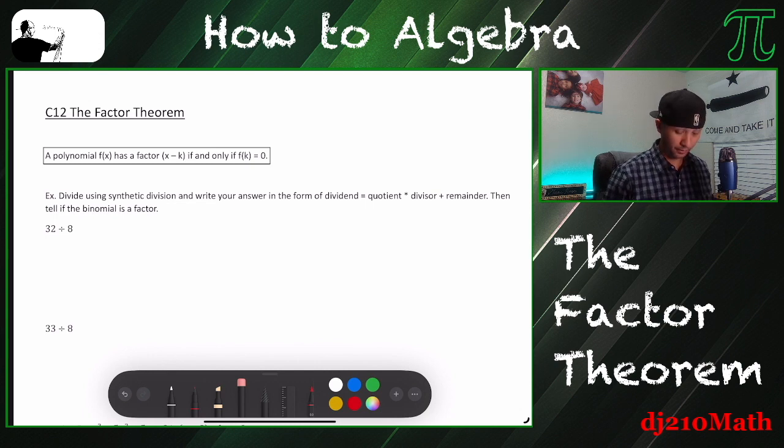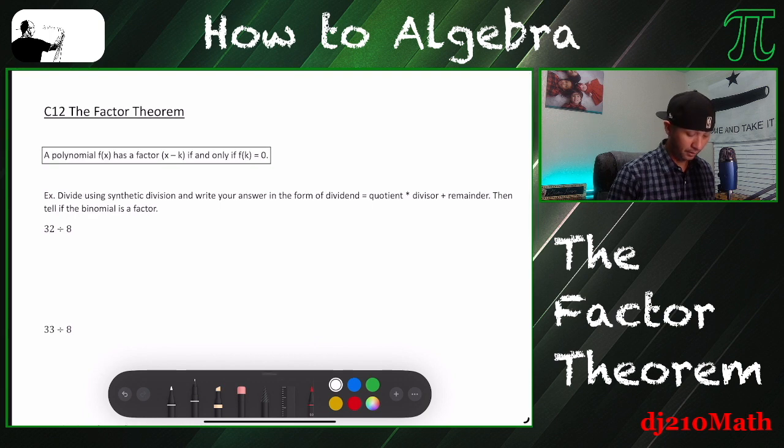So the idea is that in basic division, if I divide 32 by 8, right? 8 being the divisor and 32 being the dividend, whatever answer comes out, that's the quotient.